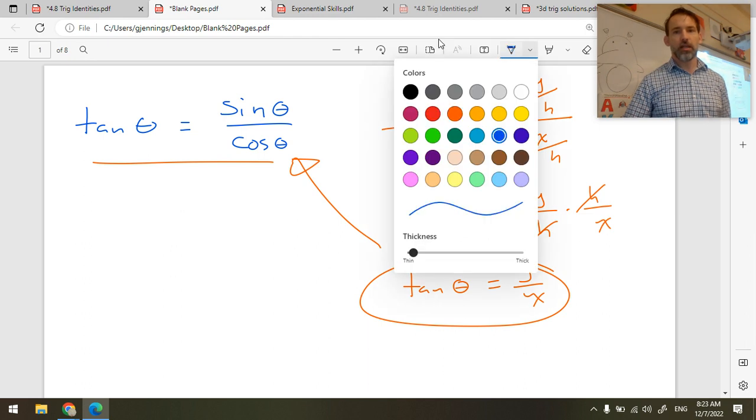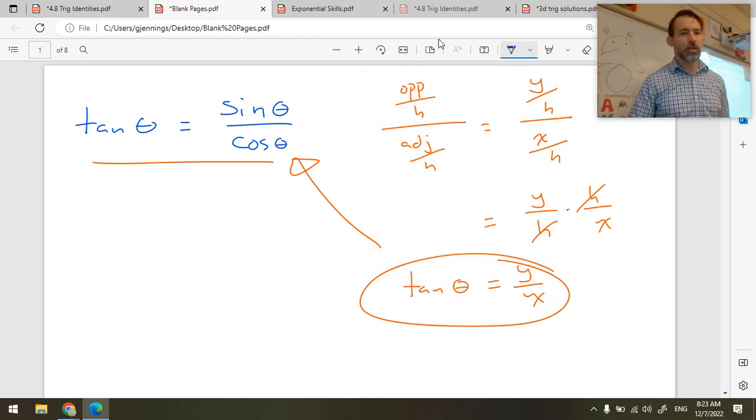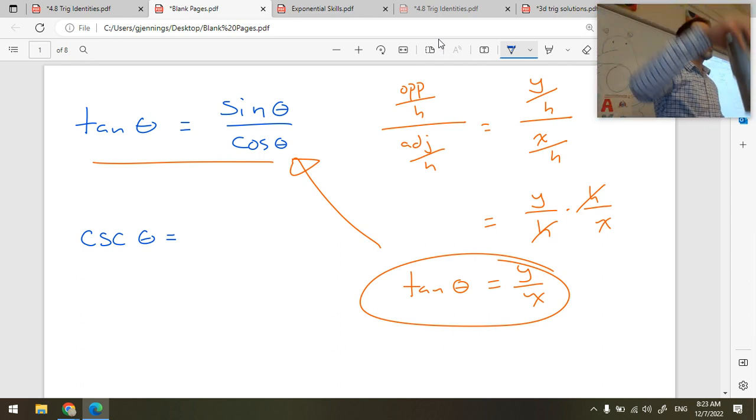Let's take a look at the reciprocal trigonometric ratios. If I had cosecant theta, how would I write that as either some combination of sine or cosine? What is cosecant? Who can recall? Who can remember which one that has to do with?